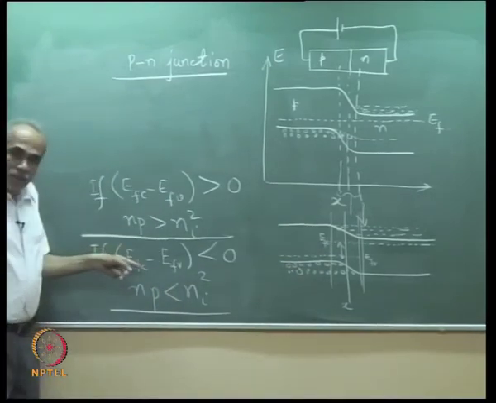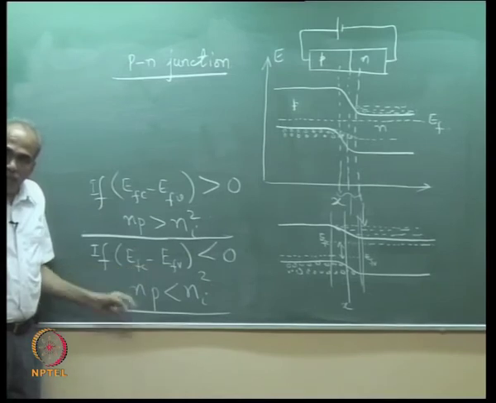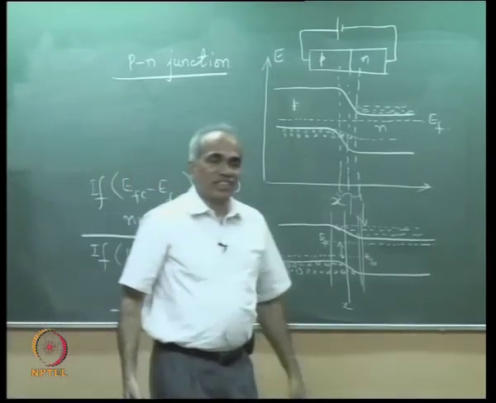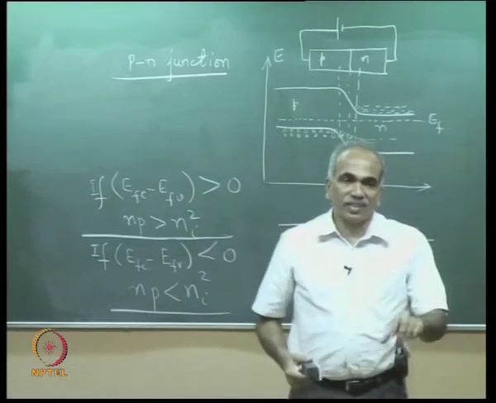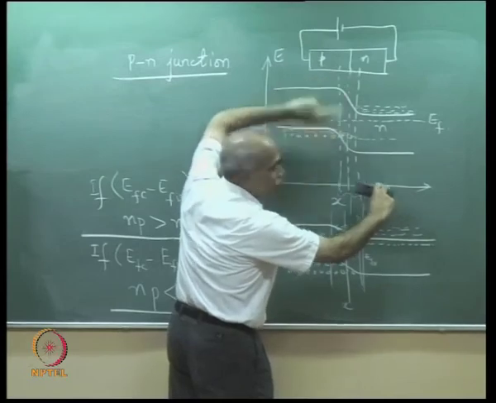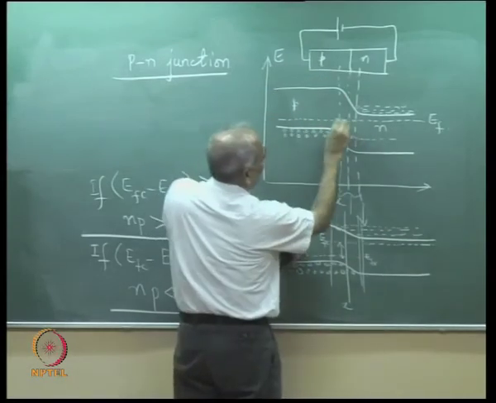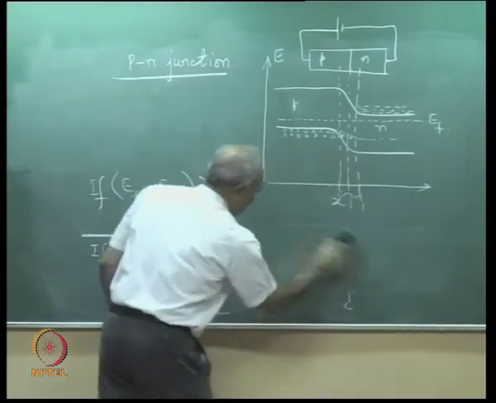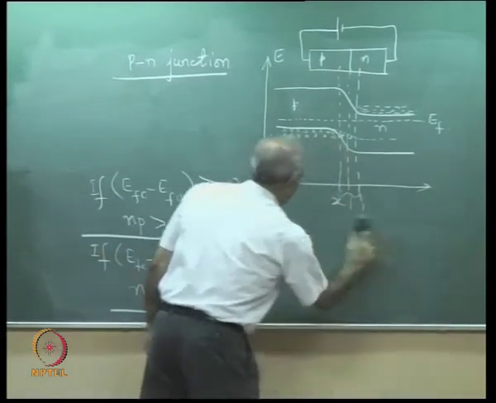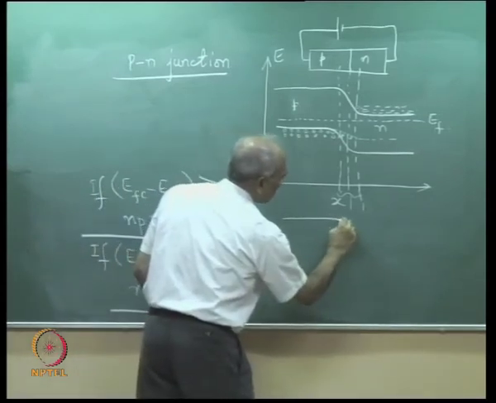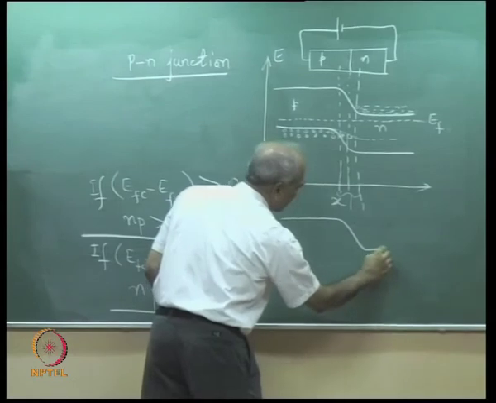When will we have the second type of situation? If we reverse bias. If we reverse bias the junction, then this will further go down, which means this will remain there, but the other portion goes down. So let me erase the forward bias, and the band diagram now becomes, so it goes down further.